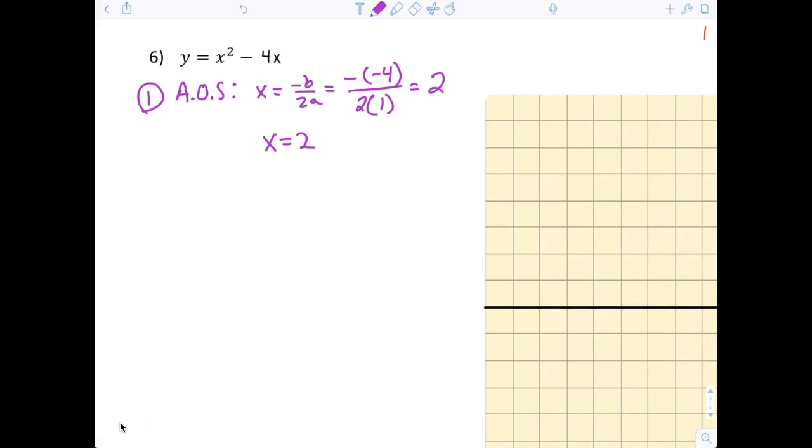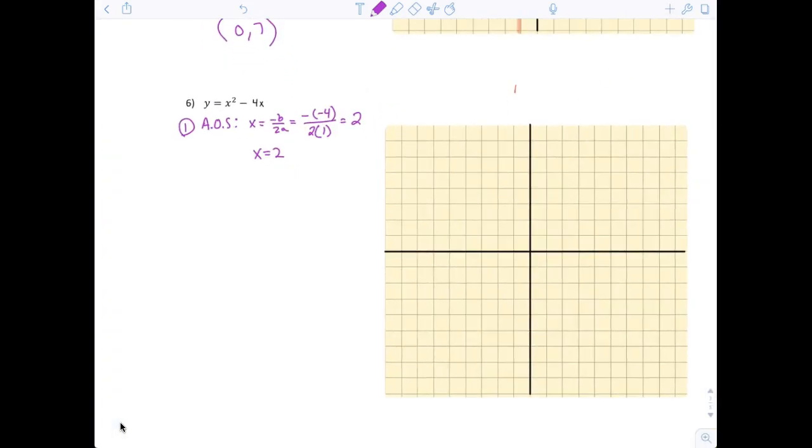Now we're going to start graphing x equals 2. So just come over to your graph. Put down here the vertical line x equals 2. Now the next thing I want you to do is take a look at the second step. I want the vertex.